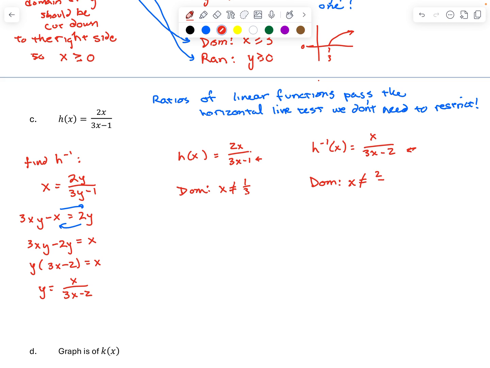So the hole is at 2/3. The domain does not include 2/3. Be careful. All right.